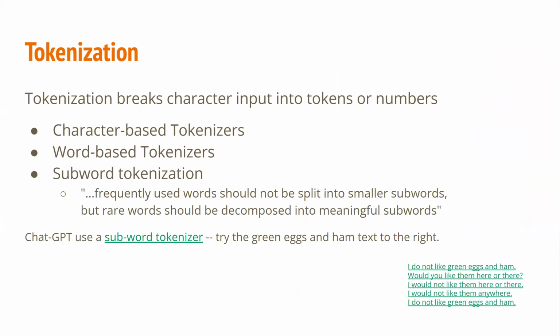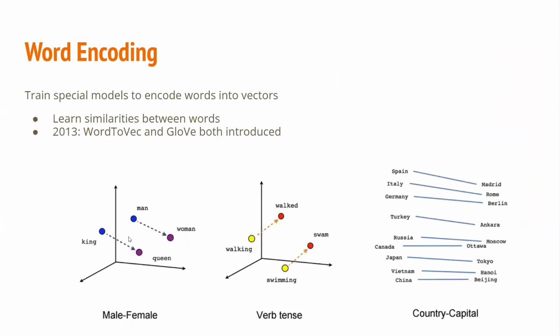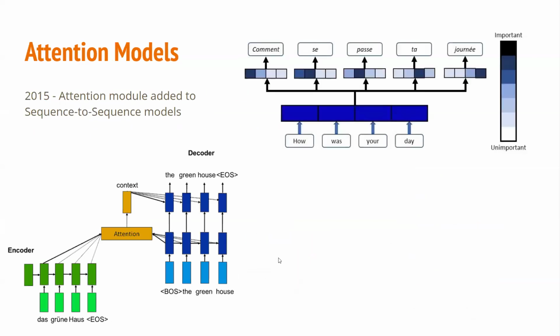So we talked about tokenizing, how we assign tokens, or basically vectors and numbers, to words here. And hopefully we find some meaningful encoding so that we maintain some relationships between the words in this vector space that we've converted the words into. We talked about attention models here, and how we'd feed our encoder into an attention model, and that would tell us which of the input words were important to decipher the output words.